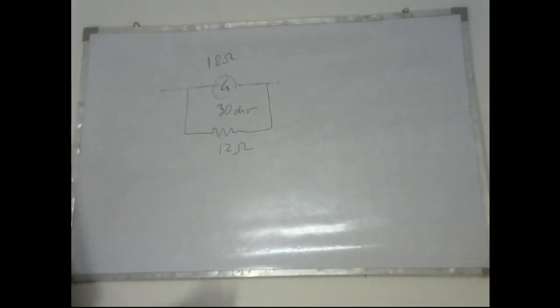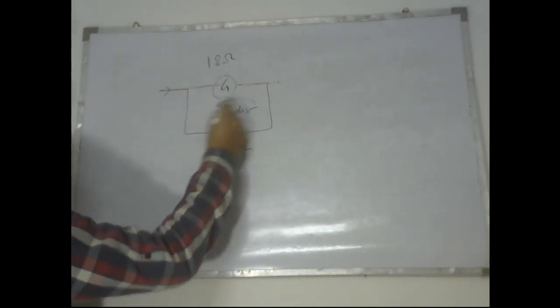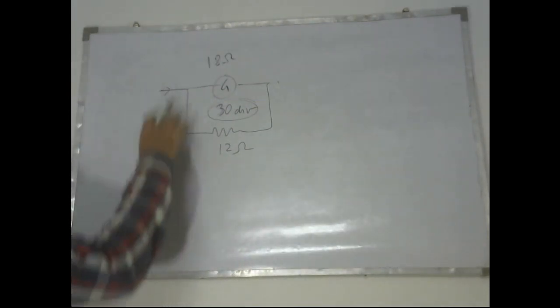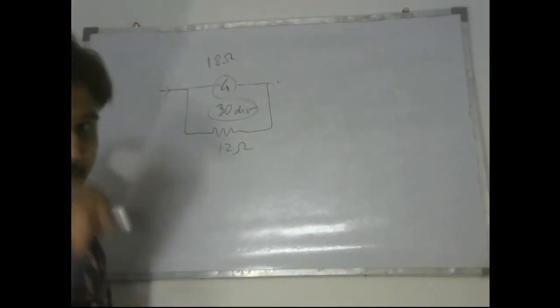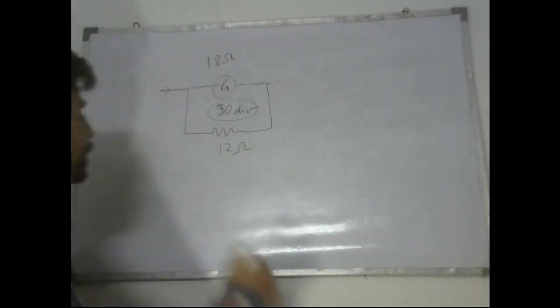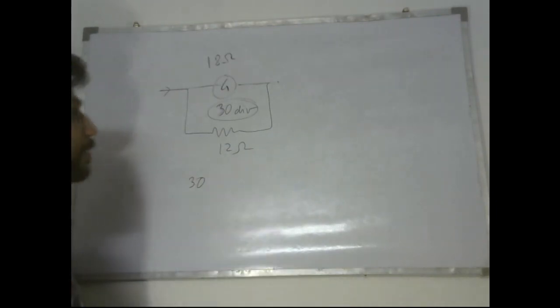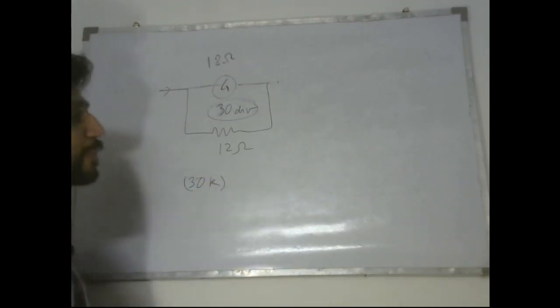So the current passing through the galvanometer in the previous case, when 30 divisions were being deflected, would be the same as when the galvanometer is shunted with a 12 ohm resistance. So to solve this question, we say that 30 divisions are being deflected, and multiplying it with some constant k gives us the amount of current passing through the galvanometer earlier.